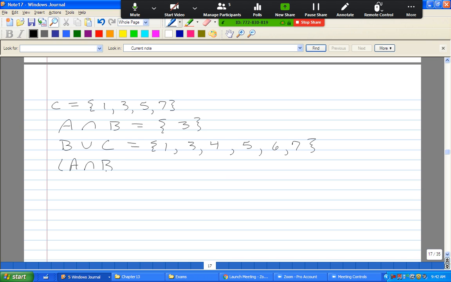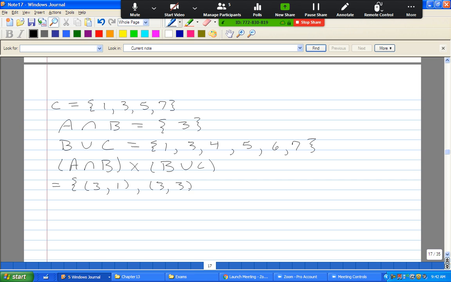Now let's determine A intersect B cross B union C. So I'm going to take the Cartesian product. It's a set of all ordered pairs. So you take 3 as the first and any of the things here as the second component.